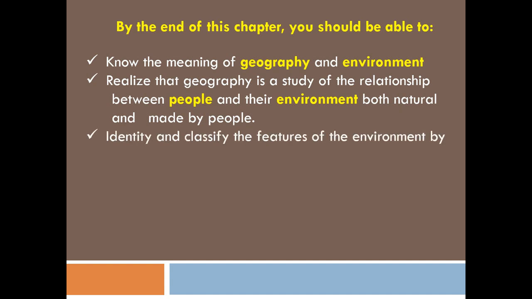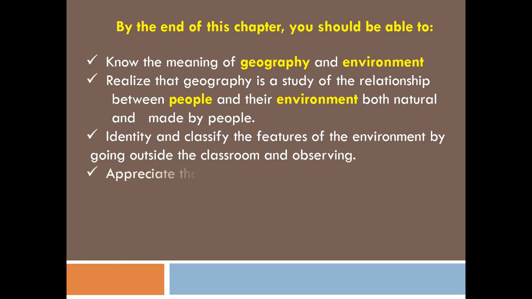We shall be able to identify and classify the features of the environment by going outside our rooms, your sitting room, your classroom, and then we make observations, and the observation we shall make from the surrounding or where we are is what will enable us to identify, understand the meaning of geography, the meaning of environment, and the relationship, the interaction between the environment and the people around that area that you will go out to observe.